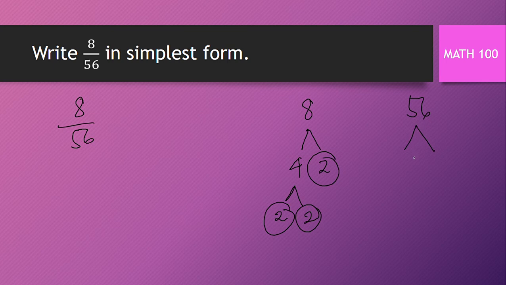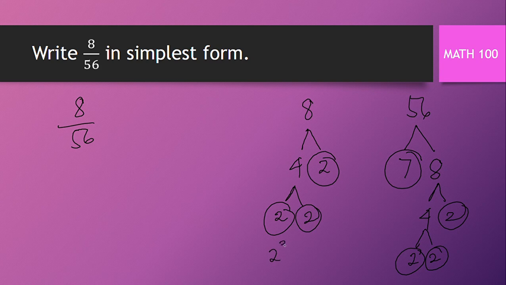So for 56, that will be equal to 7 times 8. 7 is prime, 8 is not. So we have 8 broken down into 4 and 2. 2 is prime, 4 is not, so we have another 2. Okay, writing this with prime base, we've got 2 to the power of 3 times 7.